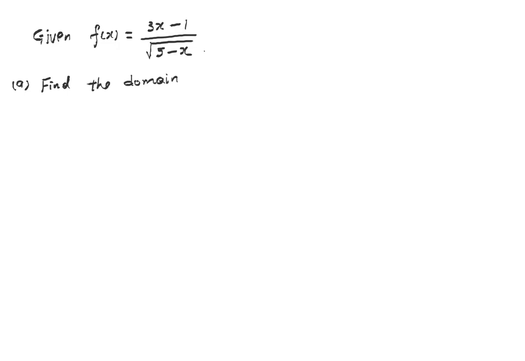Given f(x) equal to 3x minus 1 divided by square root of 5 minus x. A. Find the domain. B. State the vertical asymptote.